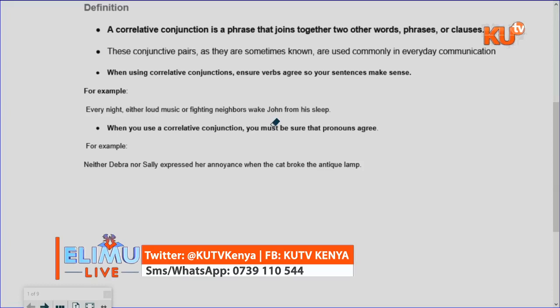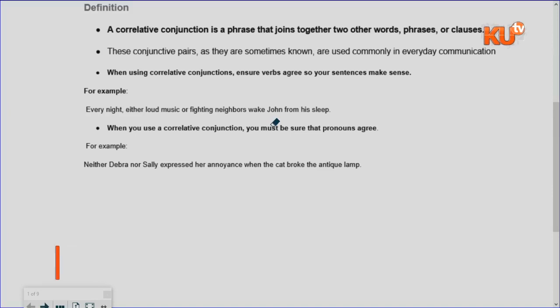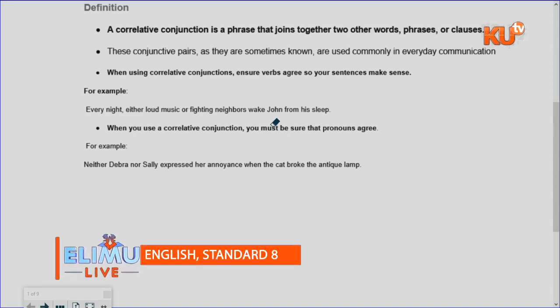Her there is a pronoun. It's used in its singular because neither-nor means no one. Not Deborah, not Sally. So it is singular, and therefore you must make sure that your pronouns agree when you are using correlative conjunctions.